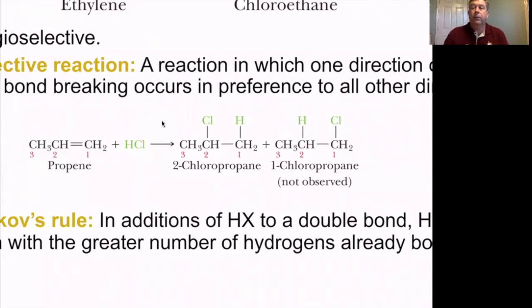But when we run this reaction, we actually don't see both products. We only see one product. The fact that it could statistically be two different things would make it a regio non-selective reaction, meaning it just reacts whenever it can. Here we actually have it specifically react on specific carbons.